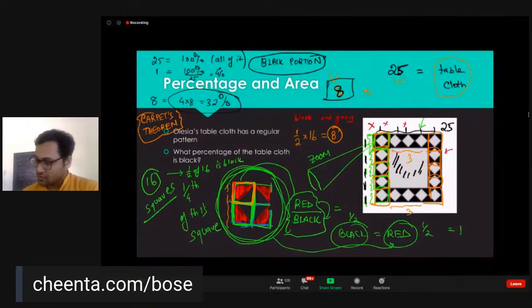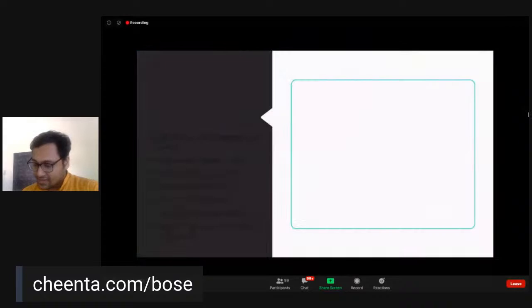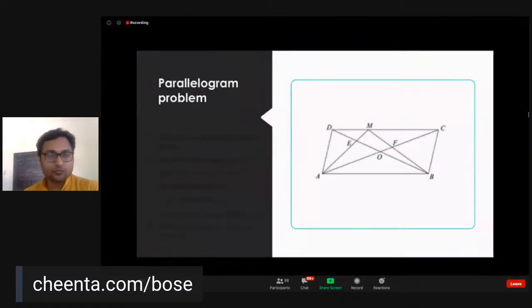Okay, thank you. Now let's move on to the next problem, which is also related to area. This is a parallelogram problem. So what is a parallelogram?